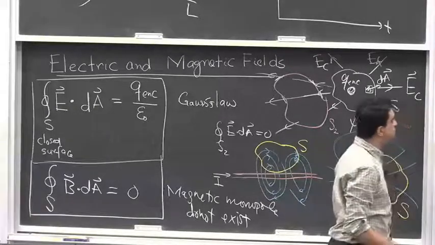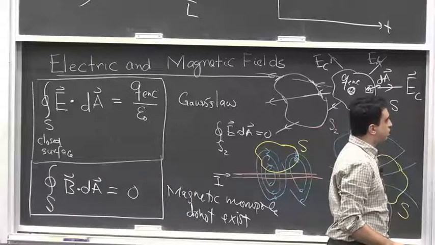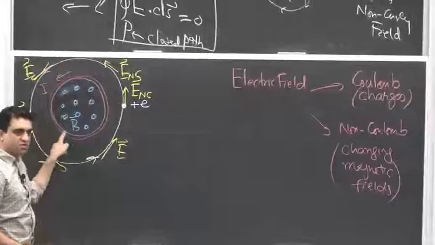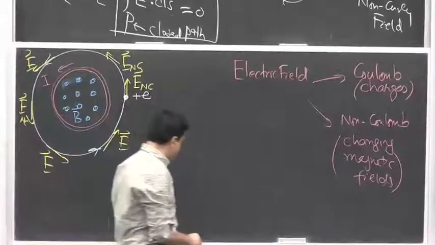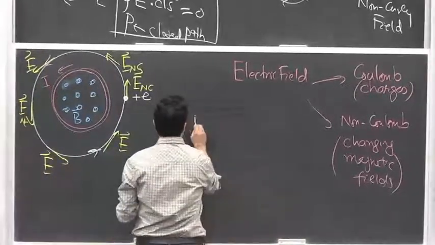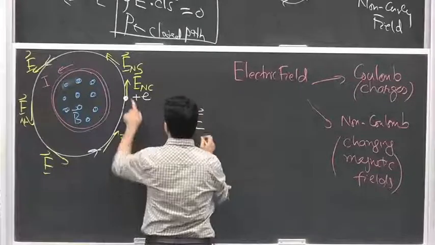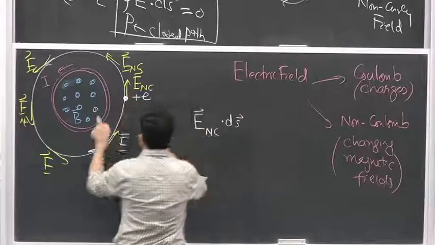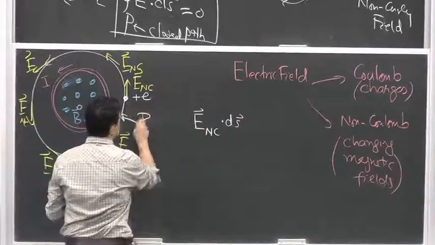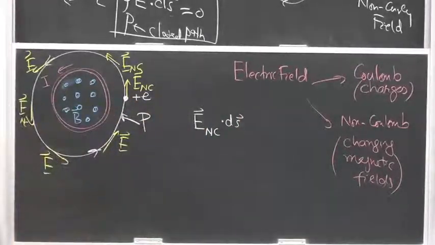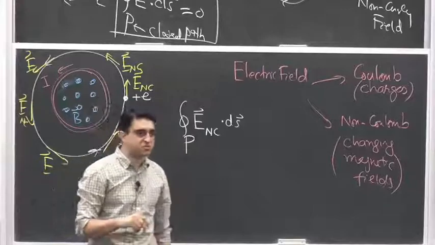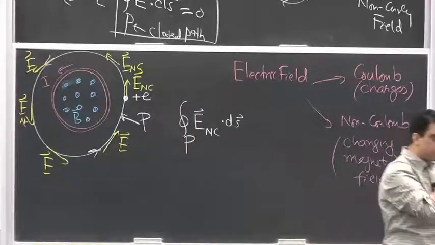So this is the field which forms around a closed path. What can you say about E? If I take the dot product along this closed path P of this non-Coulombic field, would it be equal to 0 or would it not be equal to 0?